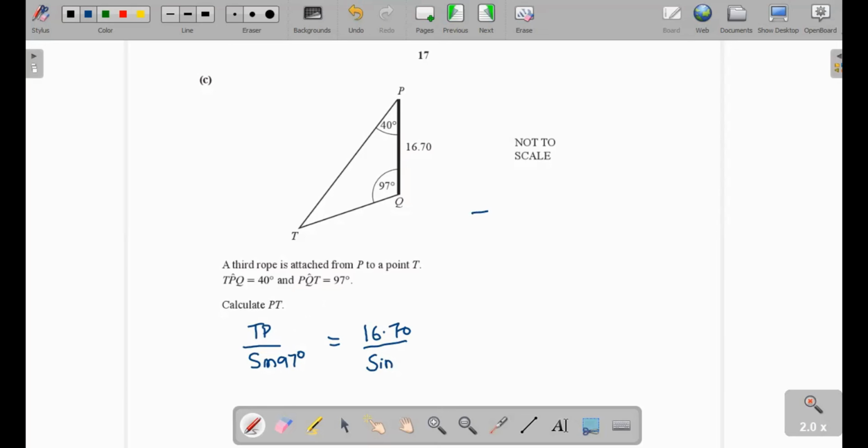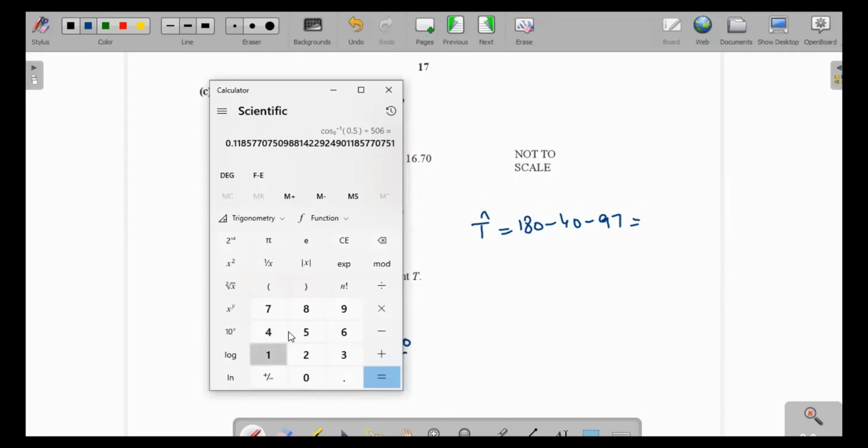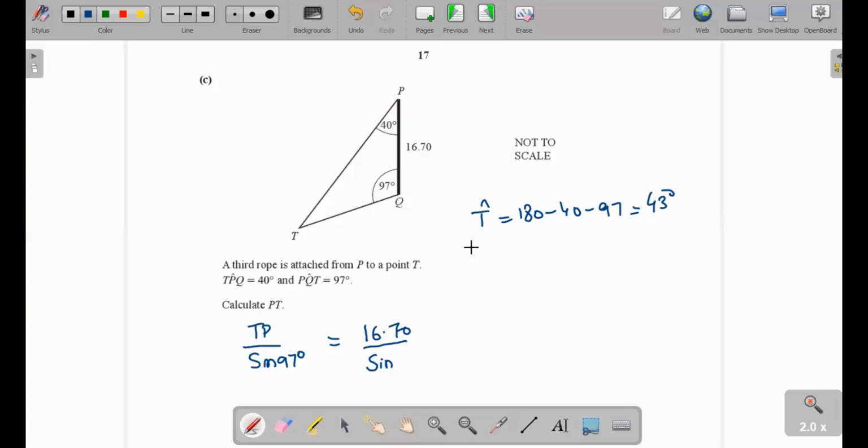Now firstly we find the angle T, that is equal to 180 minus 40 minus 97. So we get 180 minus 40 minus 97, which is 43 degrees.